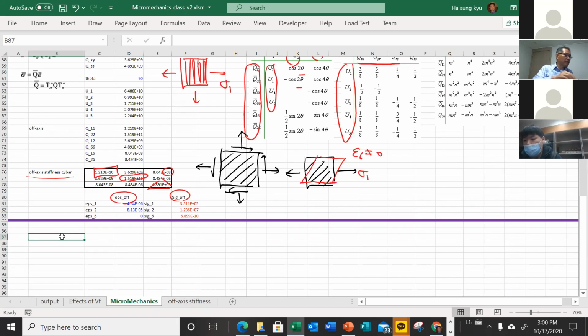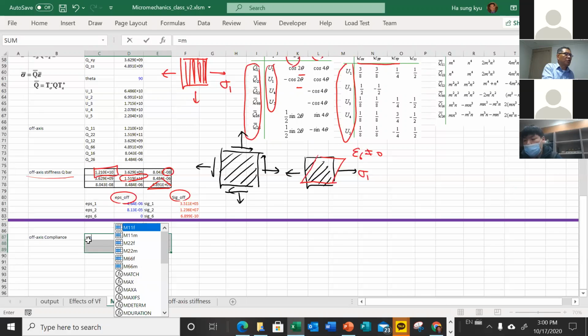One more step means let's try to have the off-axis compliance. Let me double check whether we have that section. Okay, so compliance is this.